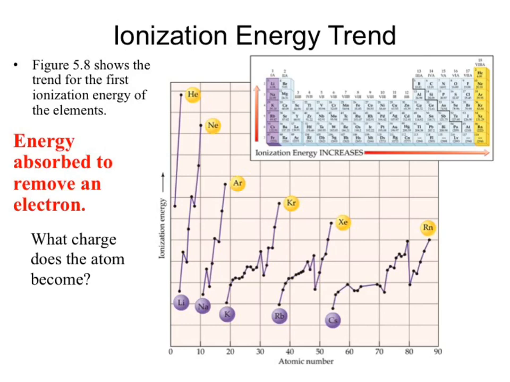Actually, yeah, that's a good question. What charge does the atom become after we've ionized it? It should become positive. We've removed an electron. So it's lost an electron. Everybody goes, well, it lost. Why is it positive? The charge of an electron is negative. We lost a negative. We're now positive. Okay? There's again that nasty negative. And in fact, in this case, it's a double negative.